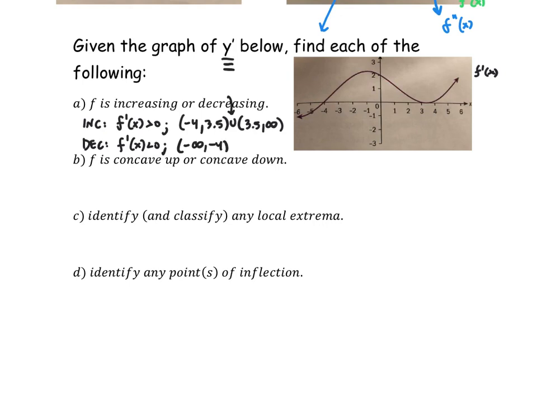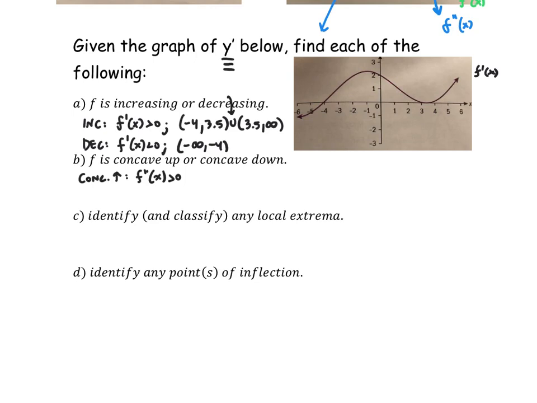Okay, concave up, concave down. That has to do with the slope of the function that we see. So wherever the slope is positive, so concave up, I'll just draw that for up. That's where f double prime is greater than 0. Let's identify that. Well, the slope of f prime is positive from -infinity to -1, and then from 3.5 to infinity.